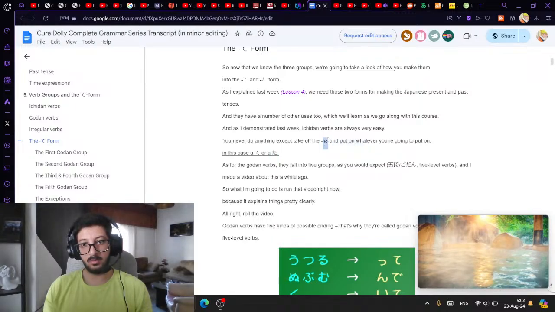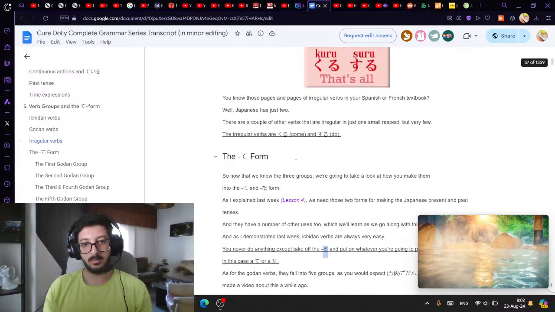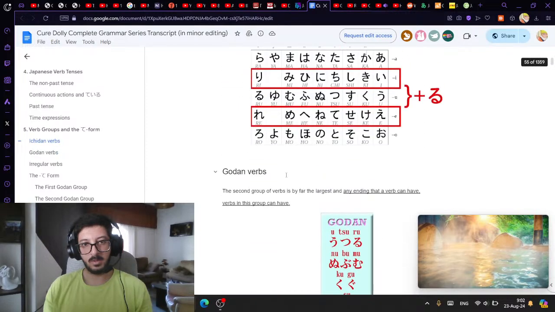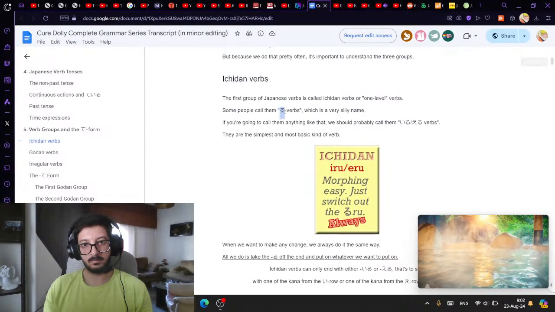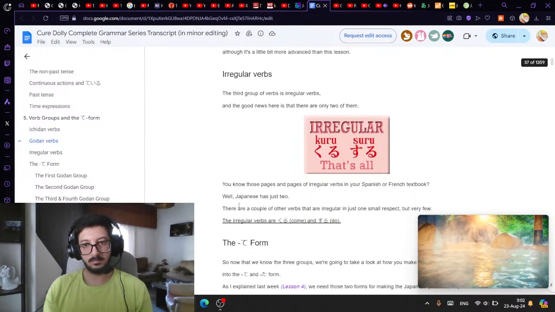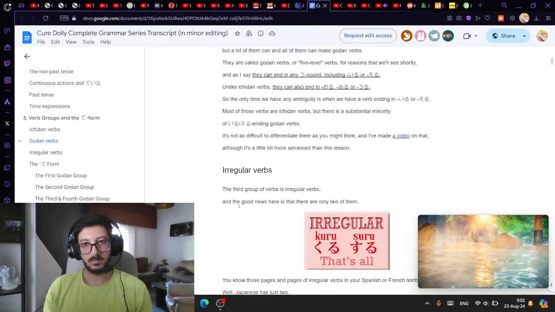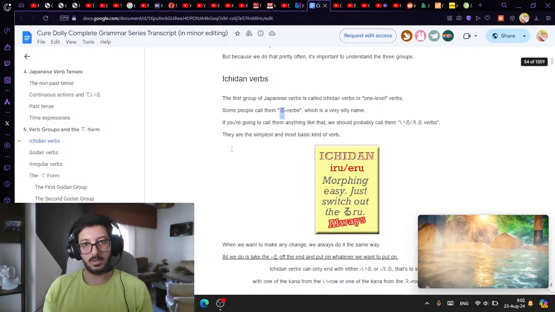And the ru is Ichidan, as we said here. So the Ichidan verb.